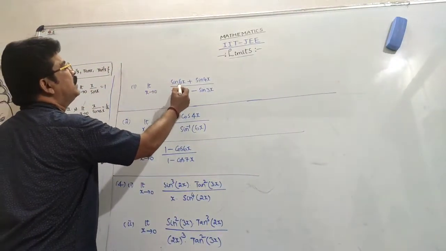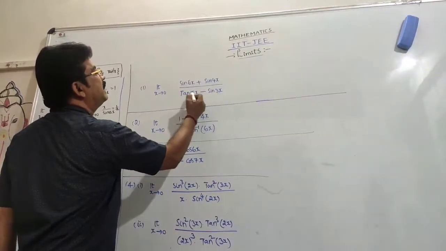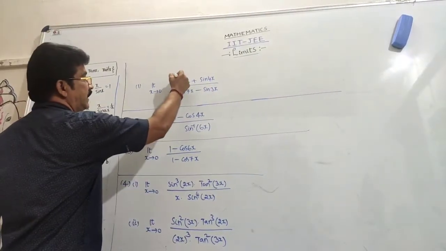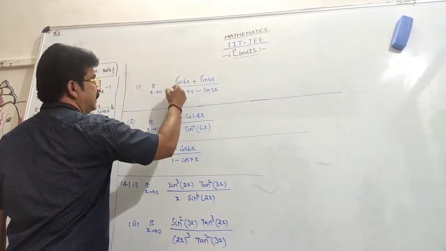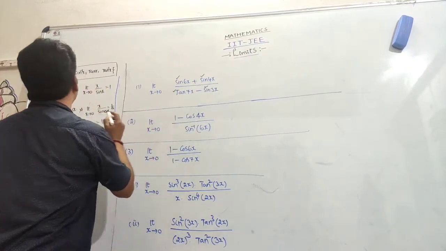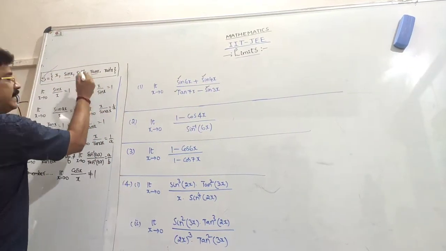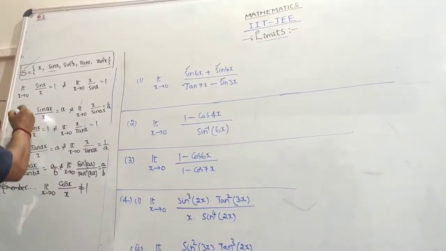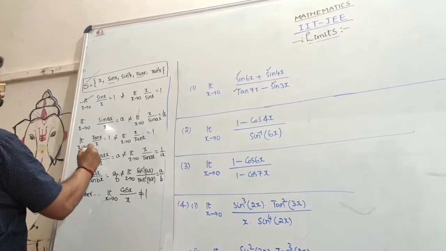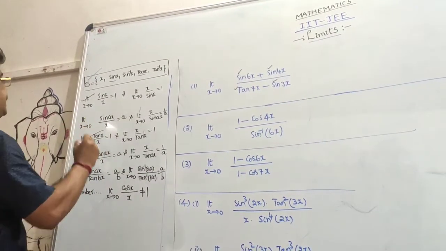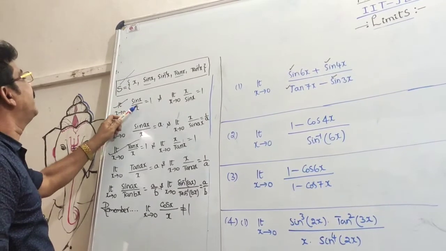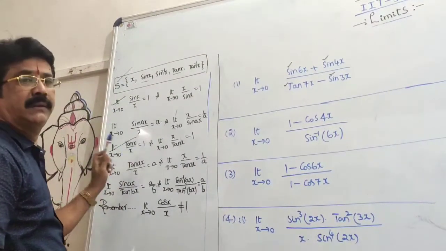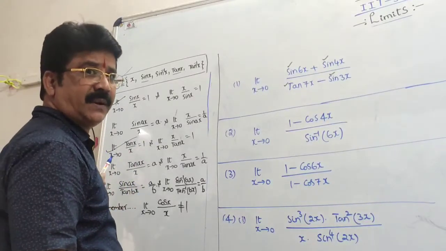Limit x tends to 0, sin 6x plus sin 4x divided by tan 7x minus sin 3x. Observe, sin and tan are from the set S. Means with the help of these formulae: limit x tends to 0 of sin x by x equals 1, and limit x tends to 0 of tan x divided by x equals 1, we are using these formulae.